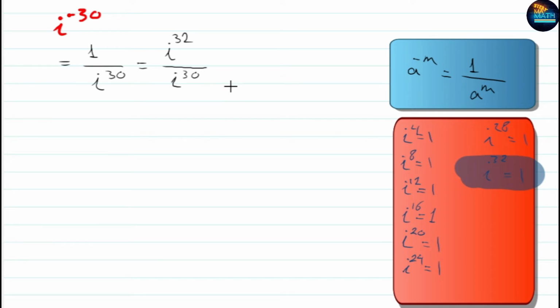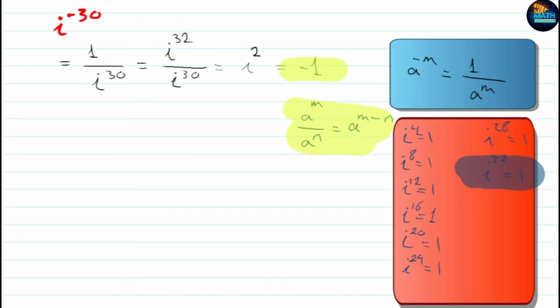And the rule is, when you have the common base, a to the power of m divided by a to the power of n is equal to a to the power of m minus n. I mean, you will subtract the powers. So it's equal to i to the power of 2, because 32 minus 30 is equal to 2. And i to the power of 2 is equal to negative 1, of course. So i to the power of negative 30 is equal to negative 1.